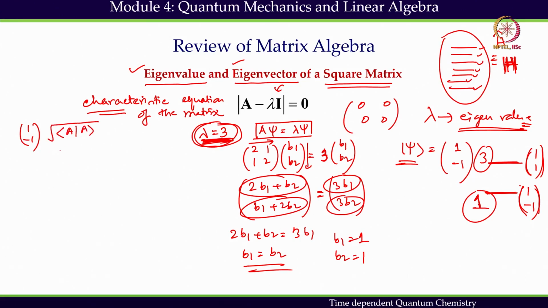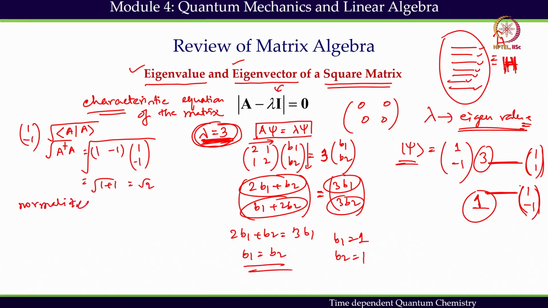Inner product is nothing but A dagger multiplied by A, which is 1 minus 1 with 1 minus 1. Square root of the entire thing. So, I get 1 plus 1, square root is going to be square root of 2. So, the normalization constant is going to be 1 by square root of 2.